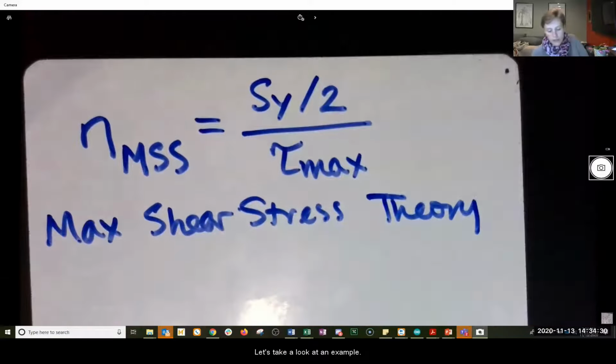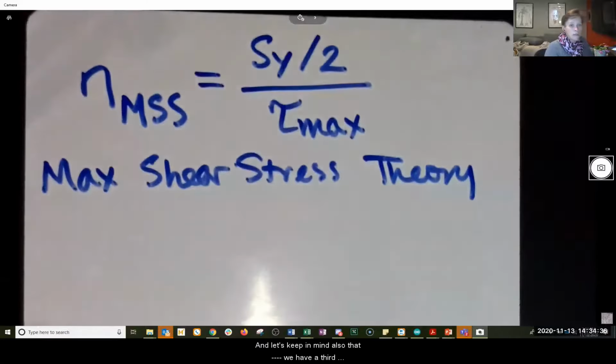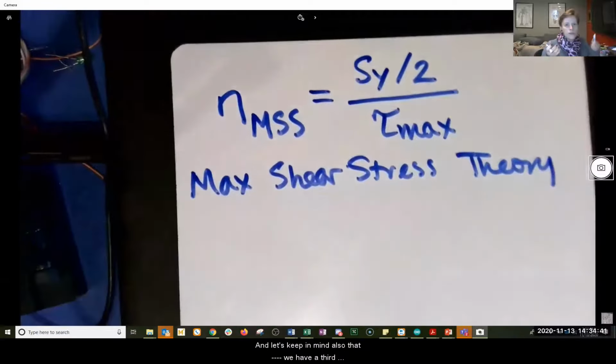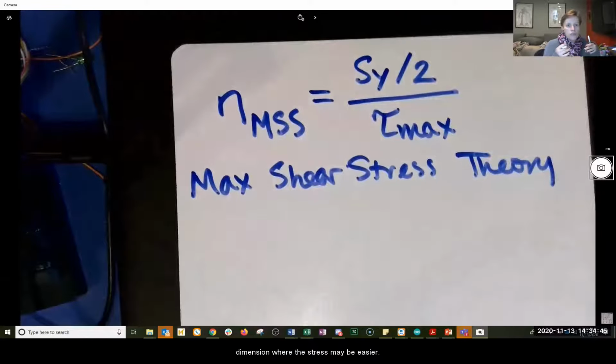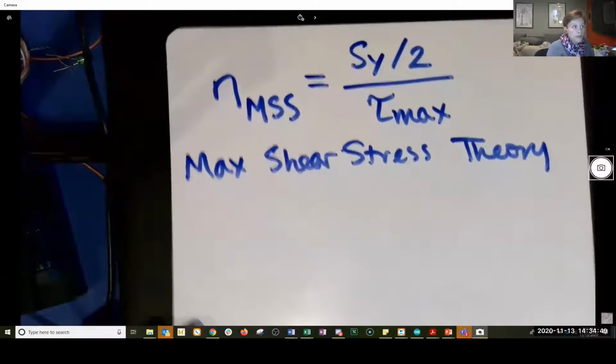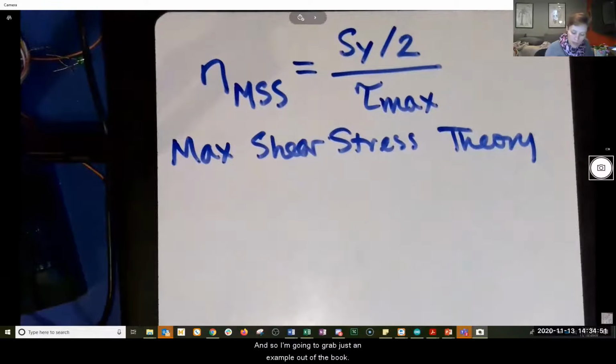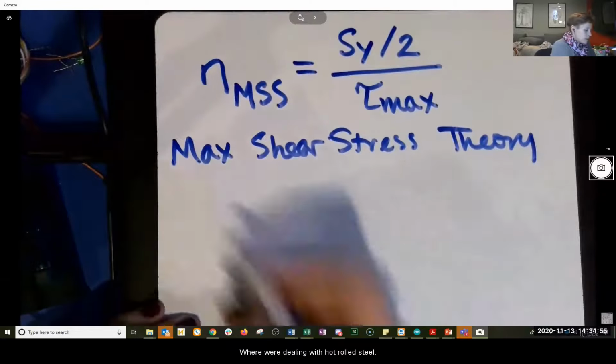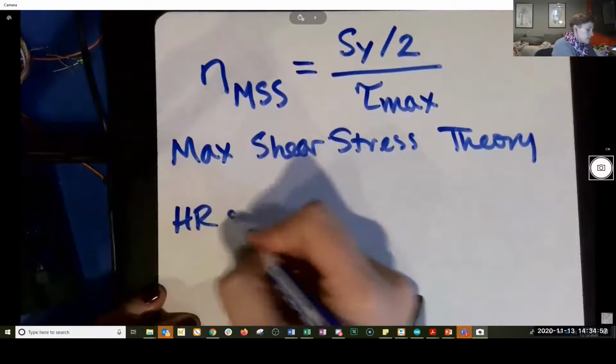So let's take a look at an example. And let's keep in mind also that this lives in 3D, right? You don't have an actual planar element. So even when we're only stressing in 2 dimensions, we have a third dimension where the stress may be 0. I'm going to grab just an example out of the book where we're dealing with hot rolled steel.